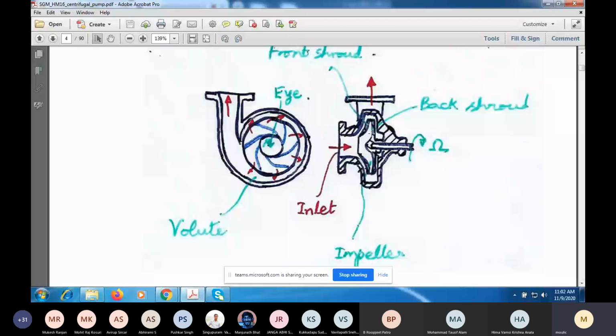And then from the inlet, R equal to R1, to R equal to R2 of the impeller region, the fluid will go out radially and it will acquire a tangential velocity. Then it will be collected in the volute and sent out to the discharge pipe here.